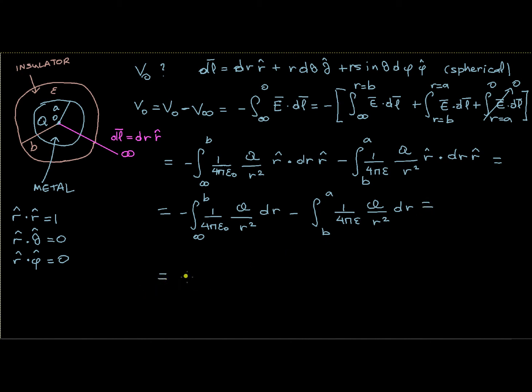So this will give us, if we take out q over 4 pi as a common factor, 1 over epsilon naught times b plus 1 over epsilon times a minus 1 over epsilon times b.